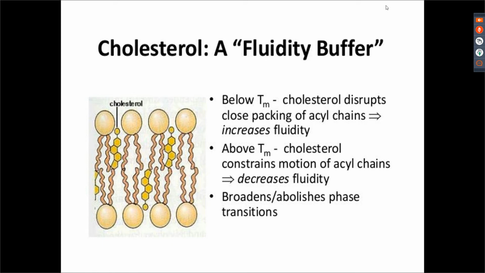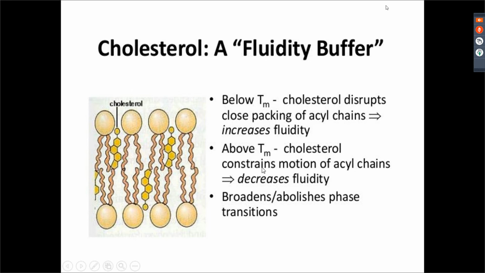Otherwise, what will happen? When the temperatures are too low, the membrane will become very rigid and very brittle. Cholesterol prevents this. Cholesterol prevents the close packing of acyl chains, therefore it does not allow the membrane to become too rigid when the temperature is low.